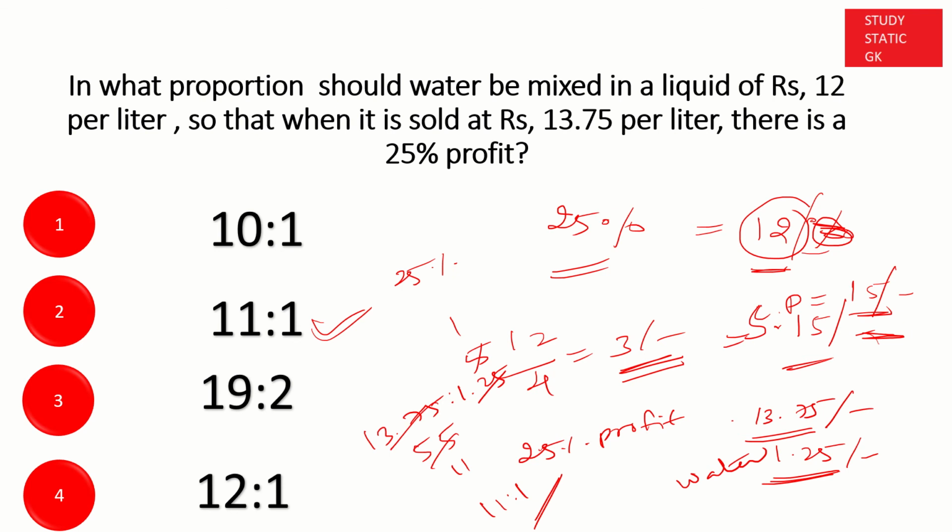But he is selling at 13.75 rupees only and getting 25% profit. That means that 1.25 rupees, he is replacing the milk with water. So we can assume the ratio as 13.75 of the milk, 1.25 of the water.